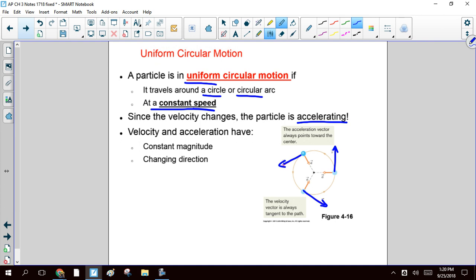It turns out that as long as you're in uniform circular motion, your object will have a velocity and an acceleration which have constant magnitude. In other words, numerically, the velocity and the acceleration are constant, but their direction will be constantly changing. I'll talk in a minute about what the relationships are between those directions.